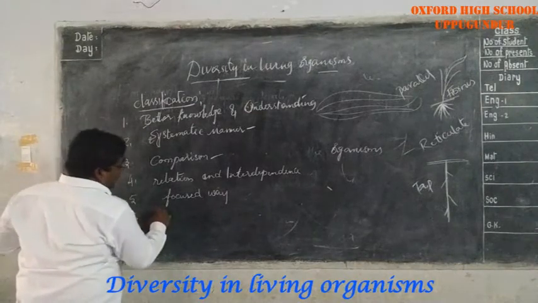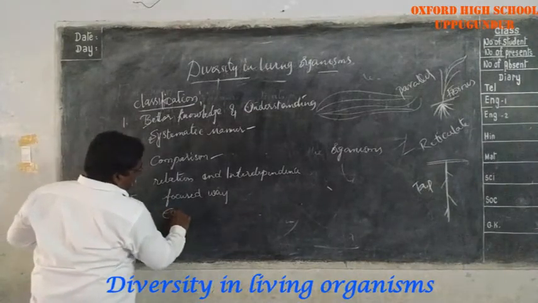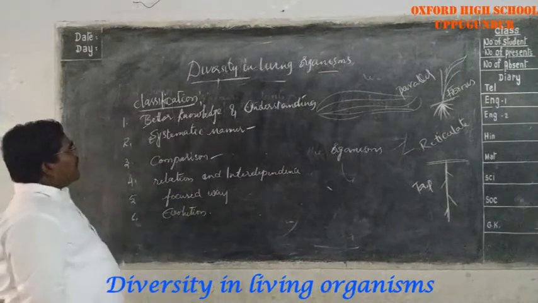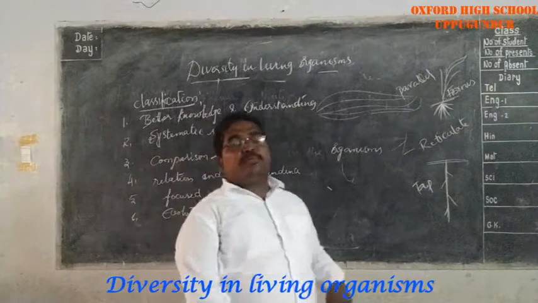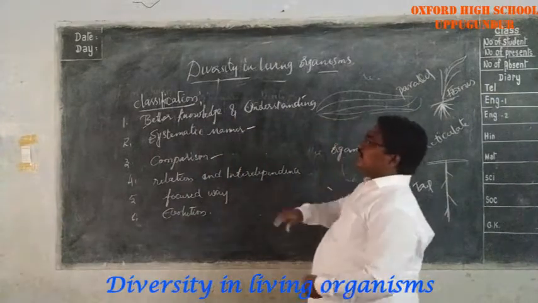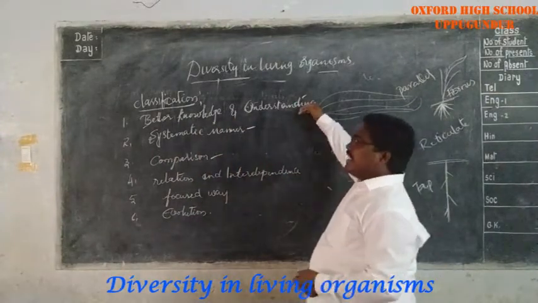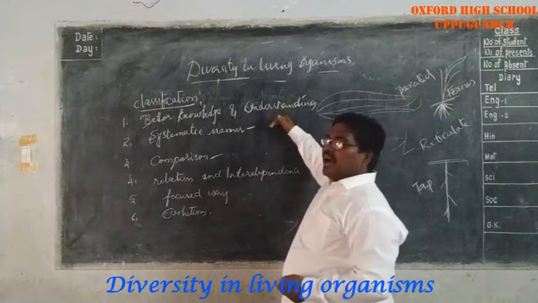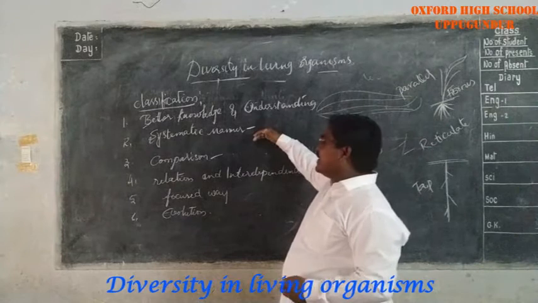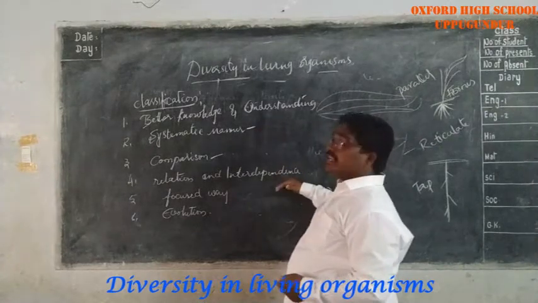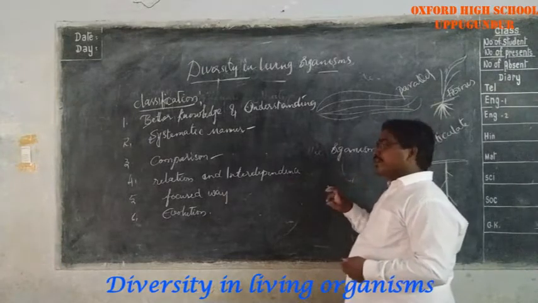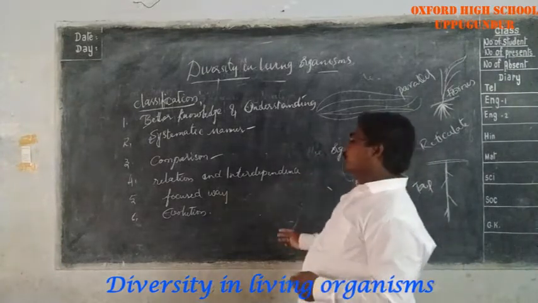It gives an idea about evolution. Okay, so these are the 6 points about classification. Better knowledge and better understanding. It helps to study the organisms in a systematic manner, make comparisons among the organisms, and see relation and interdependence between the organisms. It helps our study in a more focused way and helps with evolution.